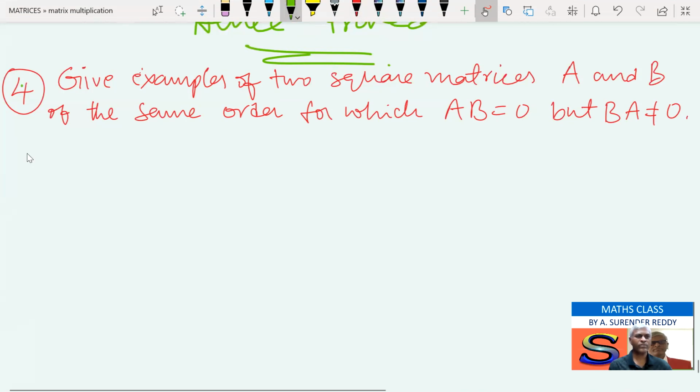So we have to give two square matrices such that AB is equal to 0 but BA not equal to 0.